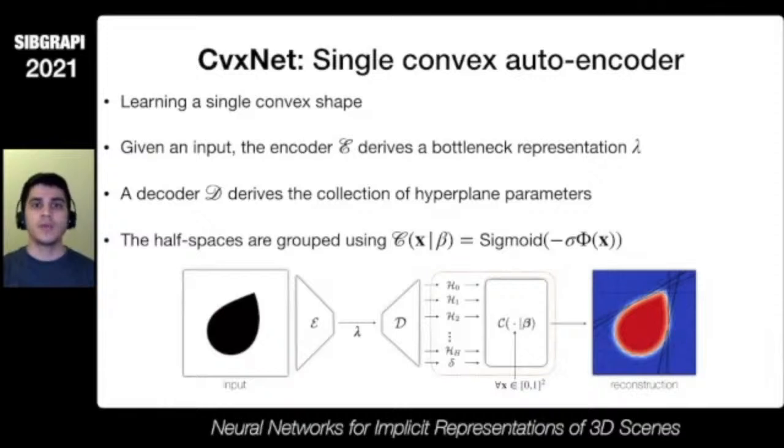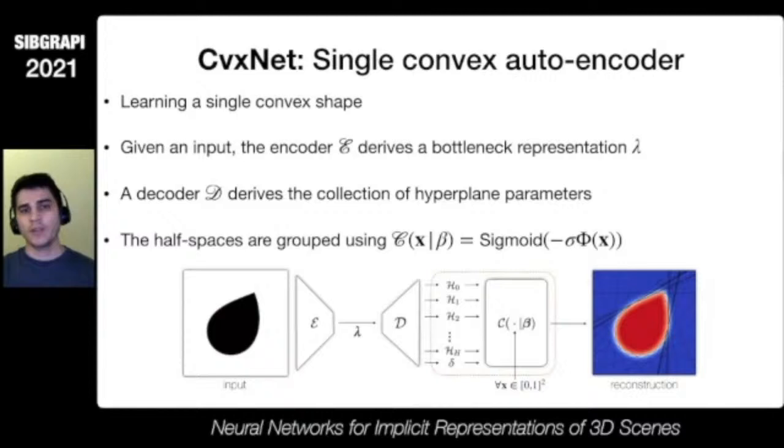Let's construct a single convex autoencoder. This will be responsible to learn a single convex shape. Given an input, which can be an image, for example, the encoder derives a feature called lambda. And then a decoder receives this feature code and returns a collection of hyperplane parameters.